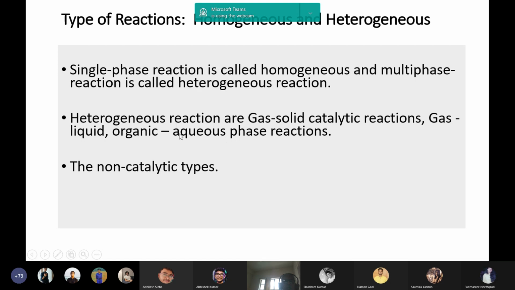Then we take aqueous nitric acid, and toluene is in the organic phase. So if the organic phase is available in the form of globule droplets, and we assume it is a spherical droplet, then the reaction will take place on the exterior surface of the organic globule or drop.